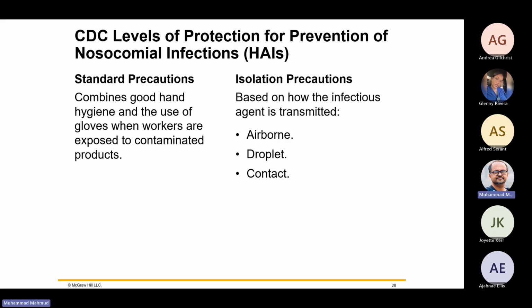Isolation and transmission-based precautions are the second level of precaution, based upon how infectious agents are transmitted. Combine good hand hygiene with a standard precaution and the use of gloves. In isolation precaution, it is based on how the infectious agents are transmitted: airborne, droplet, and contact.